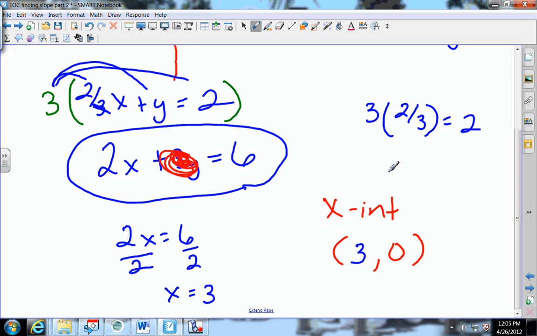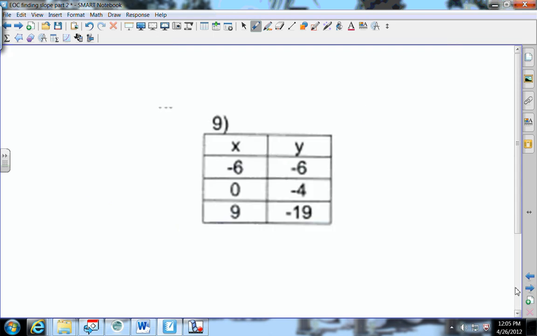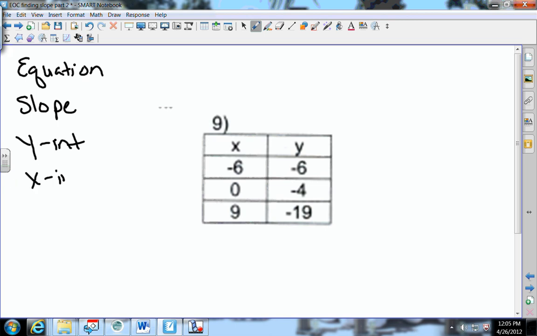The next one, right here. I want you to find the equation, the slope, the Y-intercept, the X-intercept, and the equation in standard form.